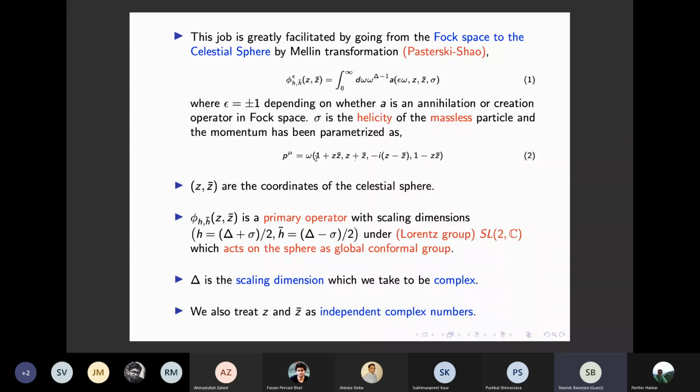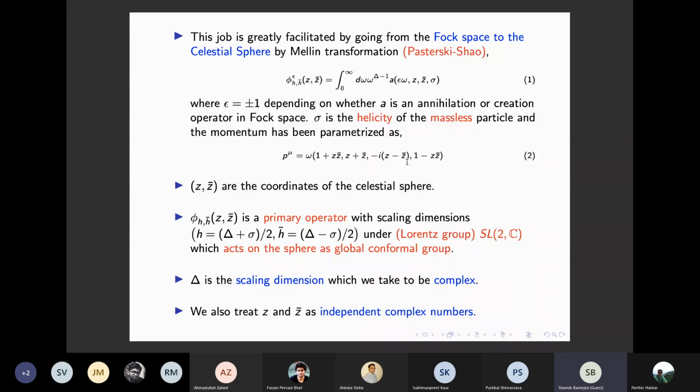Now when I write this p mu in this particular form, you can see you have one thing which is minus i (z minus z bar). So if p mu is real, then z and z bar are just complex conjugates.